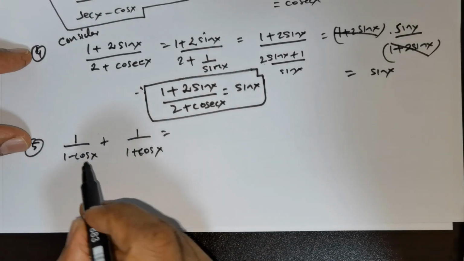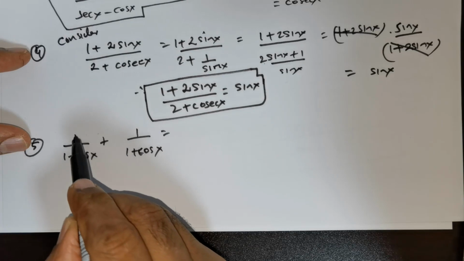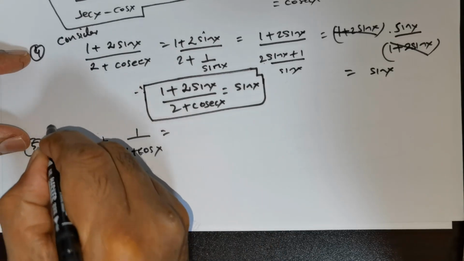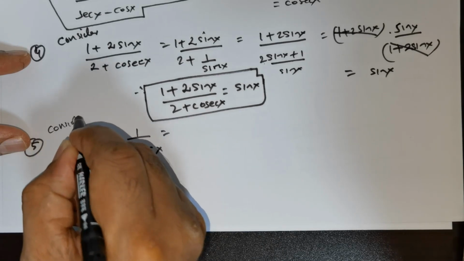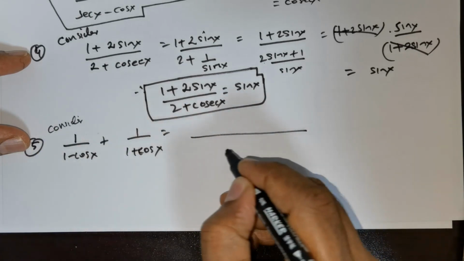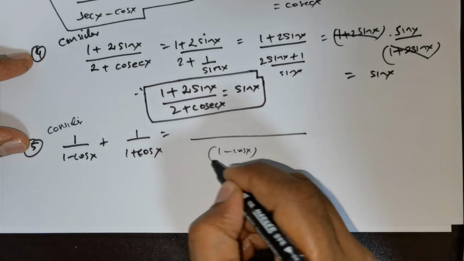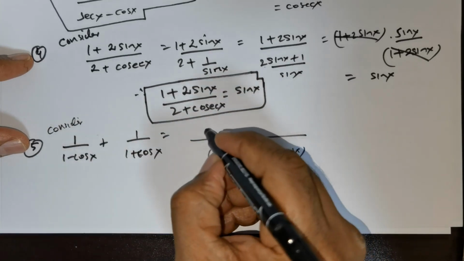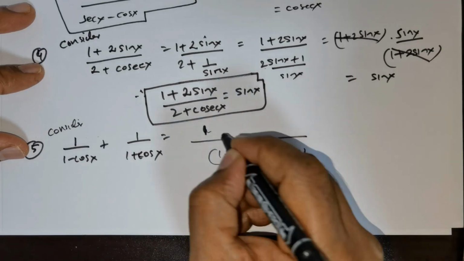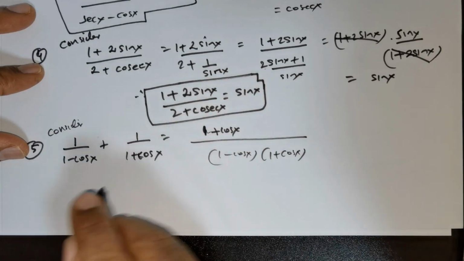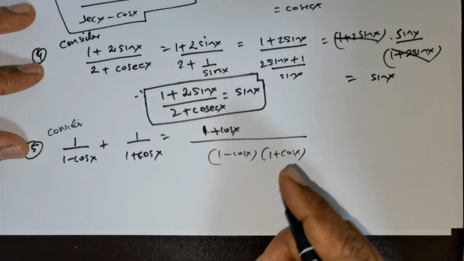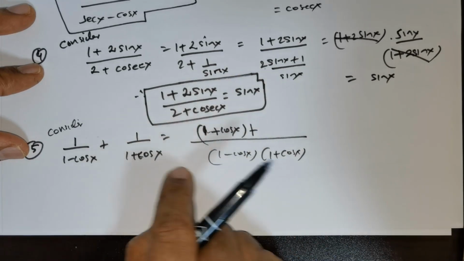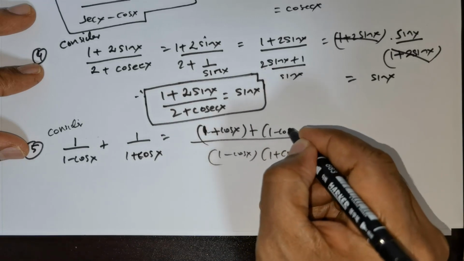We got question number 5. We have been given 1 over 1 minus cos x plus 1 over 1 plus cos x. So let me start off by stating consider. I'll take the LCM as 1 minus cos x and 1 plus cos x. So this would give me 1 plus cos x, because 1 minus cos x, 1 minus cos x gets cancelled, followed by plus, and over here I will get 1 minus cos x.